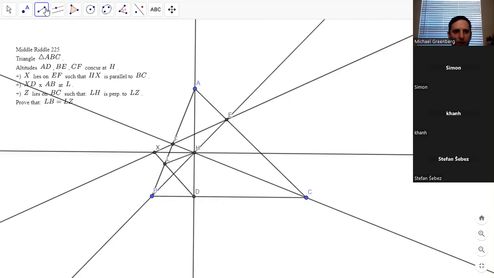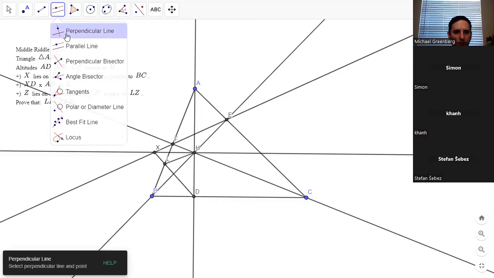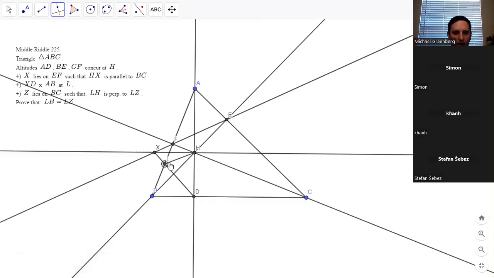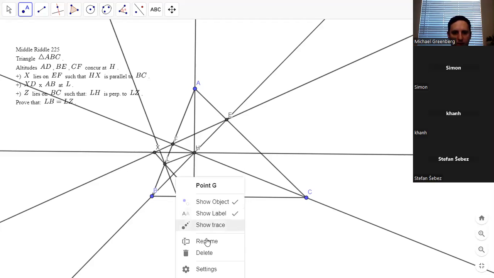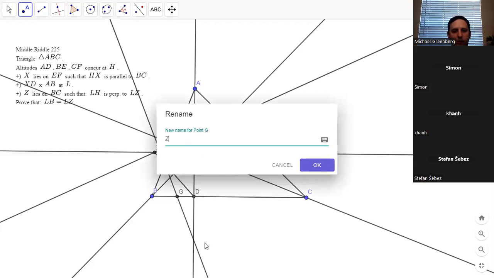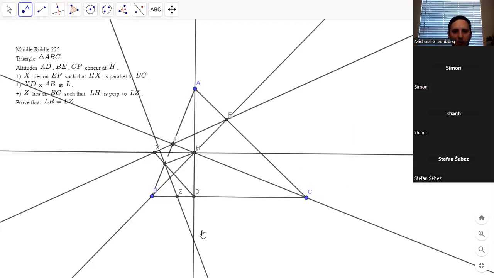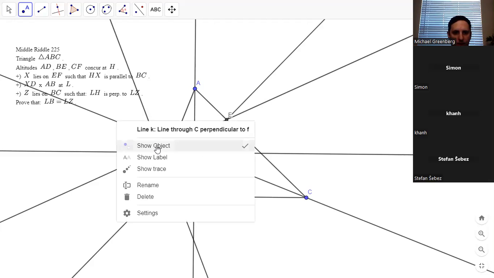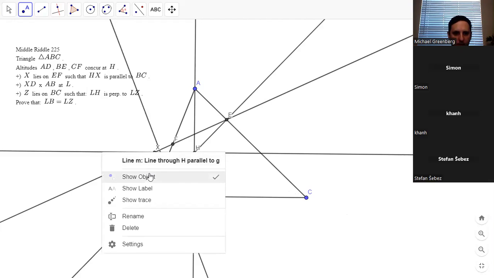So we draw the perpendicular to this. And we want to show that LB is equal to LZ. Interesting. So basically, we have an isosceles triangle there. So that seems like it should be equivalent to some angle condition, right? So hide a couple things.